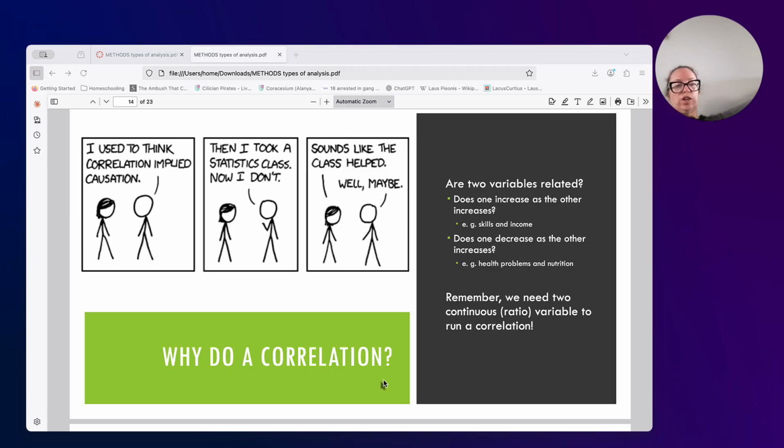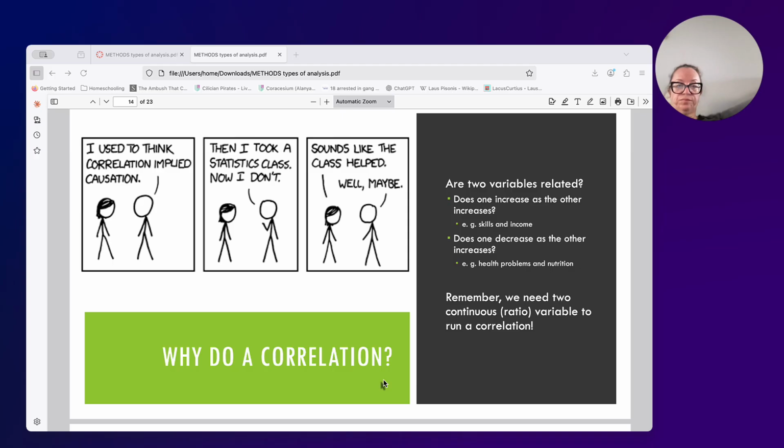Maybe as we spend more time exercising, we gain more self-confidence. So we're looking at variables that move together, things like time, things like scores on different measures, not comparing groups. We need two continuous or ratio variables to run a correlation.